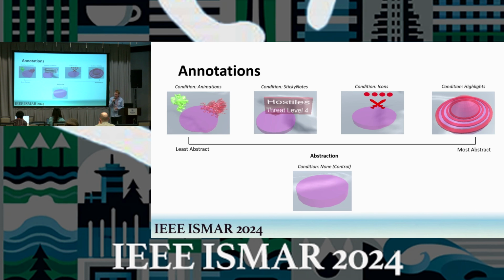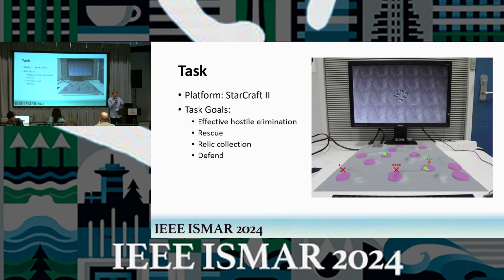And then further along, we have icons, which were just like symbology of the tasking environment, so they were less explicit than both animations and sticky notes. And then finally, we have highlights, which were very vague but attention-grabbing annotations. And then on top of these, we had a control which contained no annotations as well.